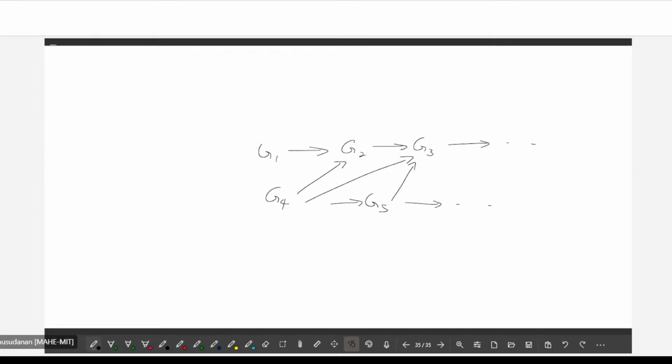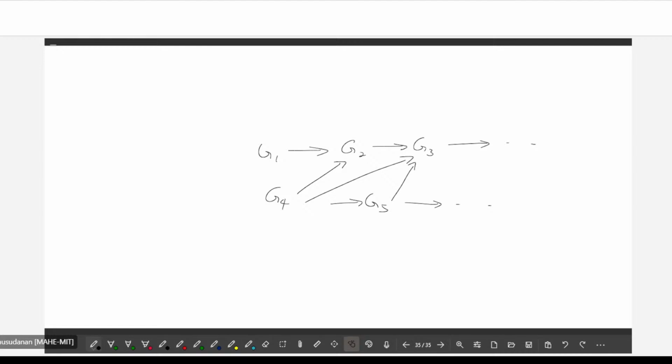It's a directed system where there are other things also, maybe like G1 and G4, where there's no relation between them, so they are not comparable in that sense. However, both of them go into some common thing. So if you take any two, G1 and G4, for example, they both have homomorphisms into one common group. There are some detailed definitions, but this will form what is called a directed system.